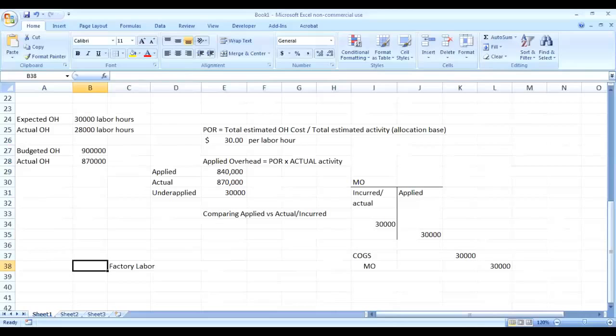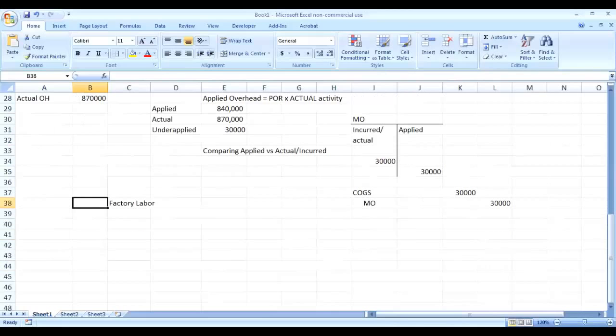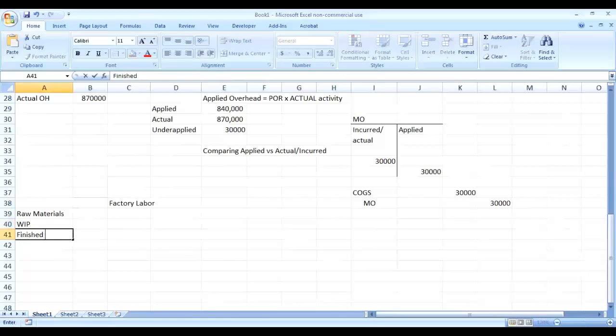In fact, on the balance sheet of a manufacturing company, you'll often see all three types of inventory: raw materials, work in process, and finished goods. They're all inventory accounts, all assets, and they can all have a balance.